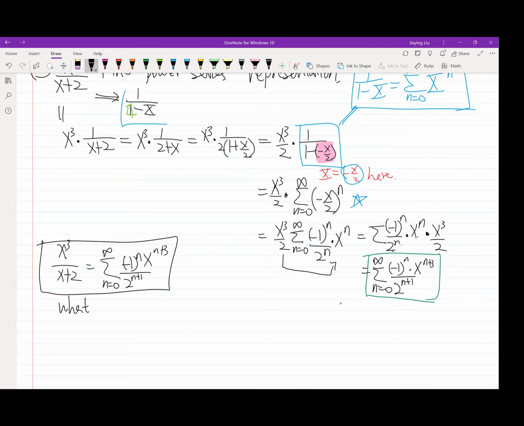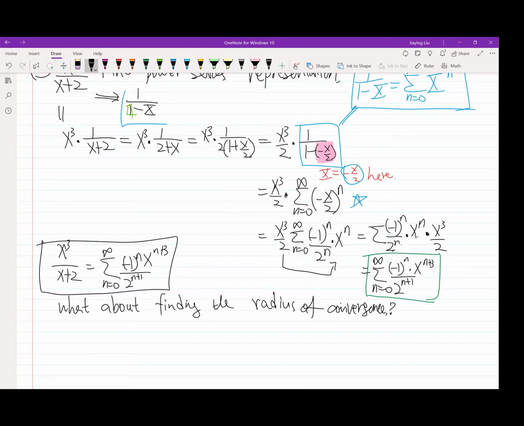What about finding the radius of convergence? We're going to follow what we did in the previous example.